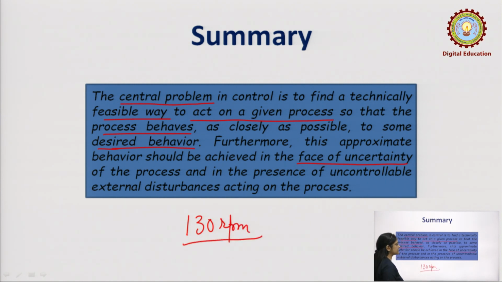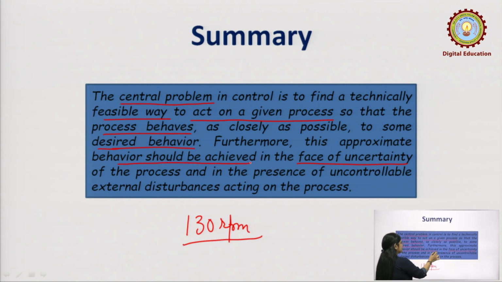So, the real challenge lies in that the behavior should be achieved in the face of uncertainty of the process. Why uncertainty? Because along with the input given, there could be other values which are affecting it, for example, the voltage fluctuation, or some other resistive element which is changing with time.